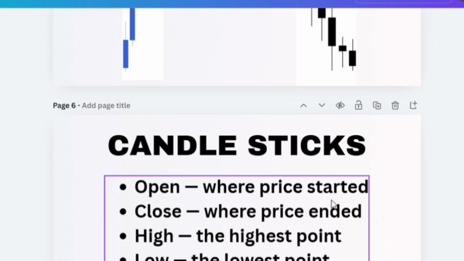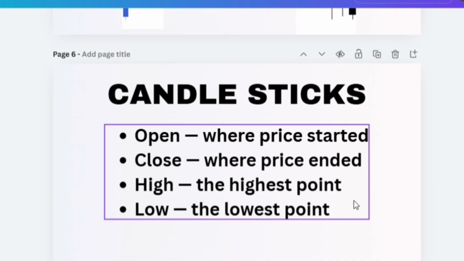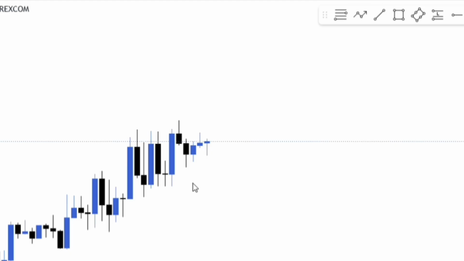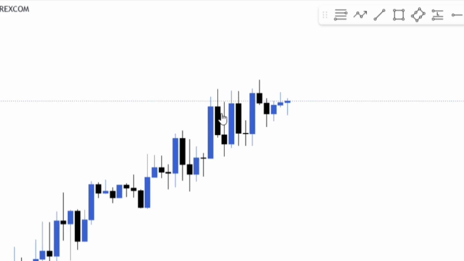So now let's talk about candlesticks and everything you need to know about them. Now listen, every movement you see on your chart is made up of candlesticks. All these movements, this blue thing is a candlestick, black is a candlestick.